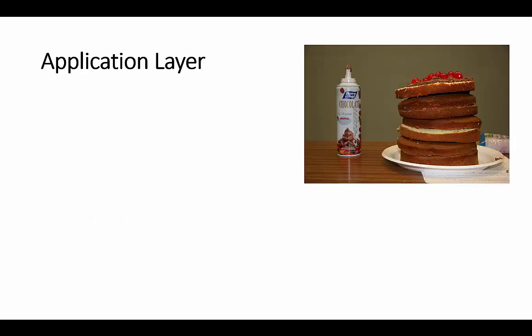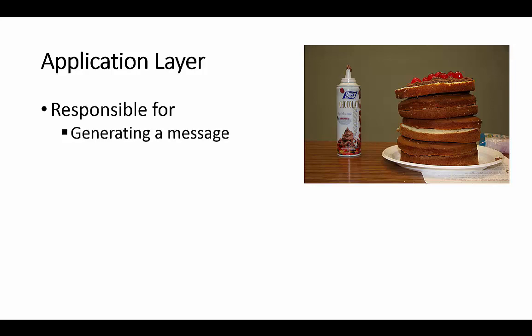For example, the application layer is responsible for generating a message to be exchanged between the two hosts, and also responsible for retrieving a message out of the packet if you're on the receiving side.